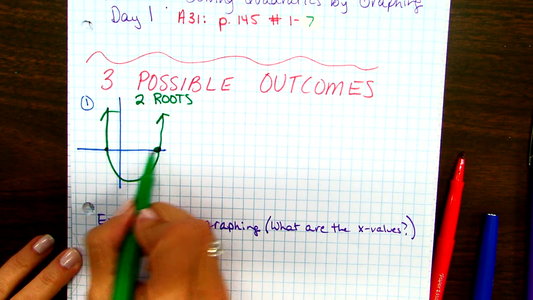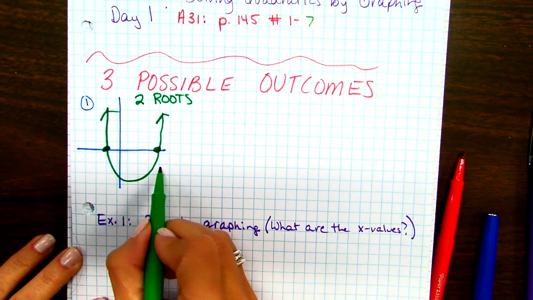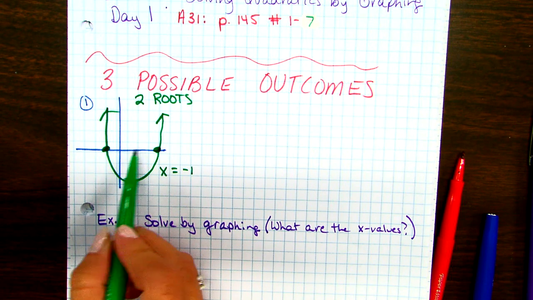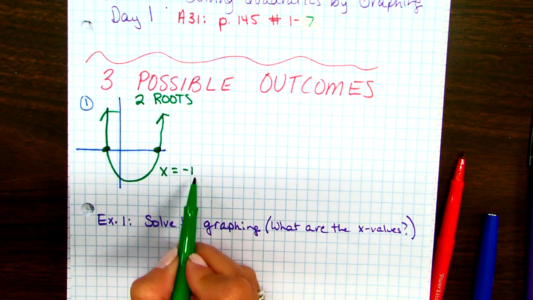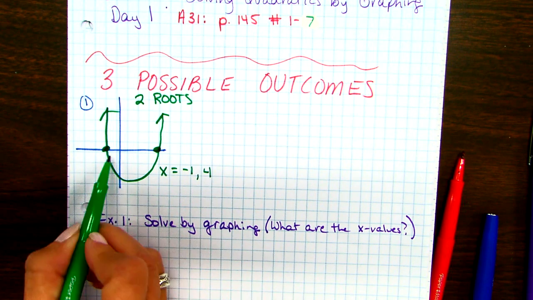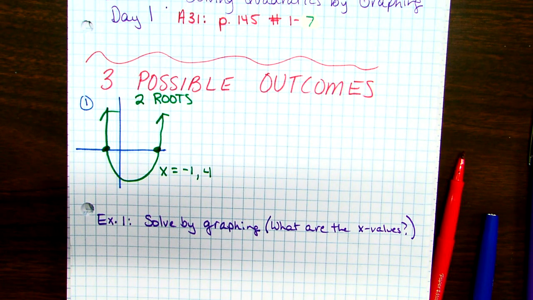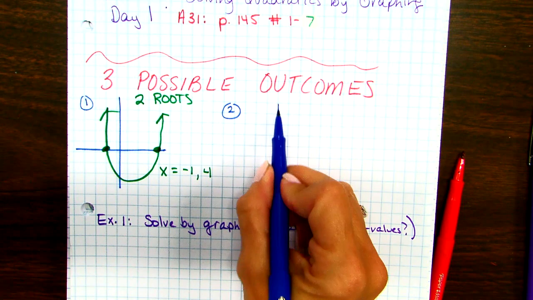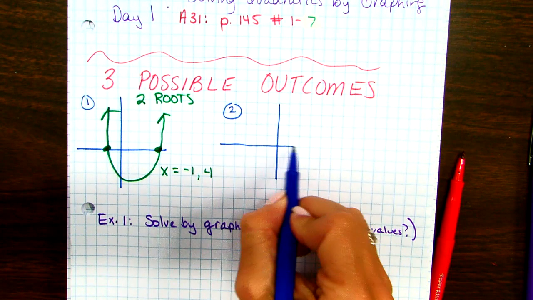The solutions are the x values. So x is -1 on my graph, and it doesn't matter really how you graphed it, just wherever you hit the x-axis. So you could have 2 solutions, and that's because the graph touches the x-axis in 2 places, okay? That's one possible outcome. The second possible outcome is 1 solution, or 1 root, or 1 x-intercept.